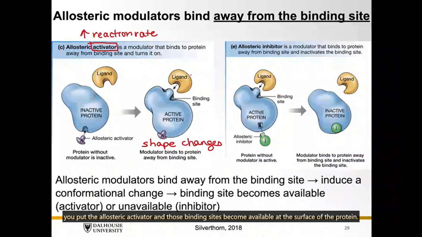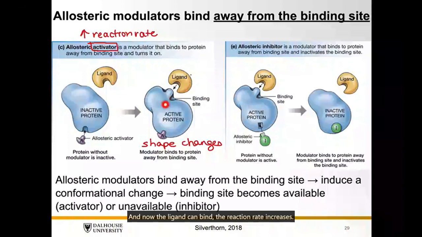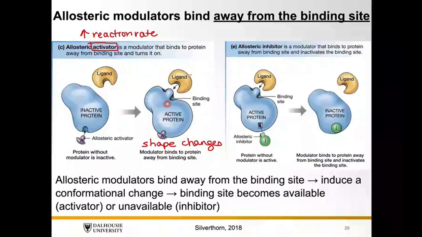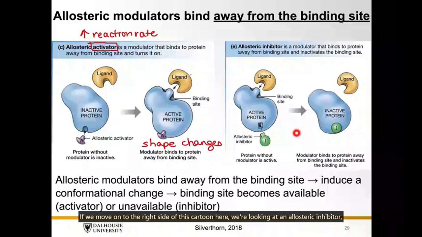You put the allosteric activator and those binding sites become available at the surface of the protein, and now the ligand can bind. The reaction rate increases. If we move on to the right side of this cartoon here, we're looking at an allosteric inhibitor. So as we just discussed, this would decrease the reaction rate.